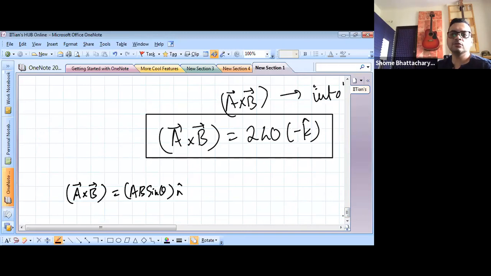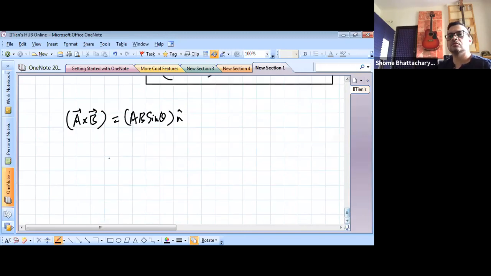Had it been coming out of the plane, it would have been plus k cap. How is the precise value coming? By using the right hand palm rule. I'm not saying that n cap can be into the plane or can be out of the plane. It has got to be one unique value. It has to be one defined value. That's why it's precise in fact.